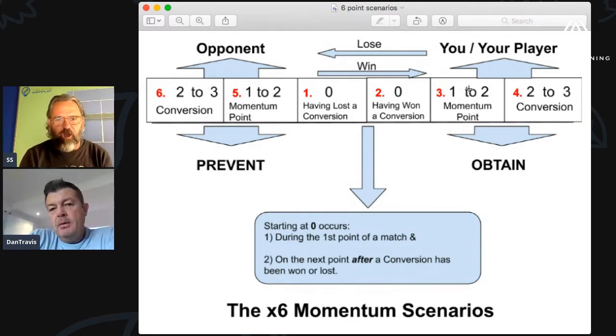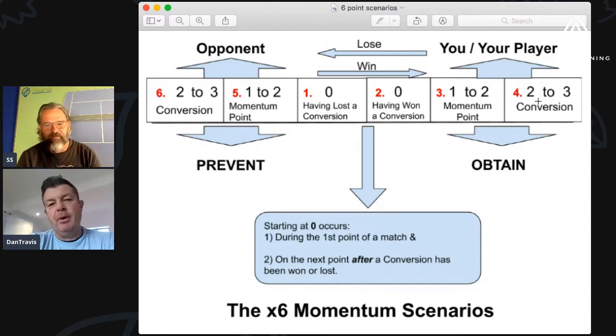So they try to clone what happened from 1 to 2. Yeah. At 2 to 3. So whatever happened in scenario 3, however they played the point, maybe they hit a winner down the line. If they see that same situation come up in scenario 4, they try it again and clone it, and it almost always fails. Well, cloning will happen.